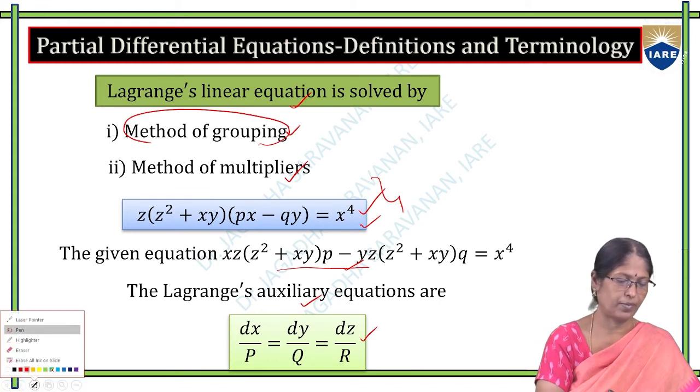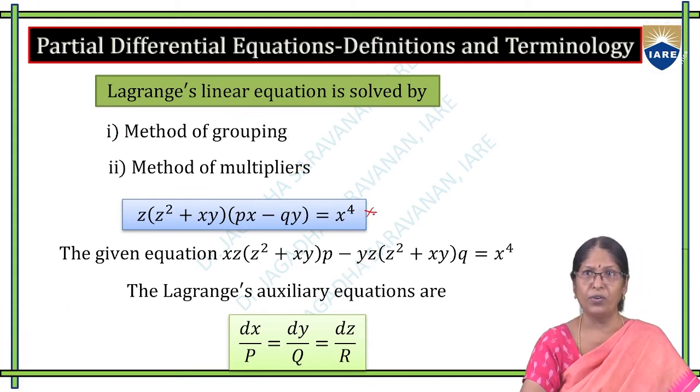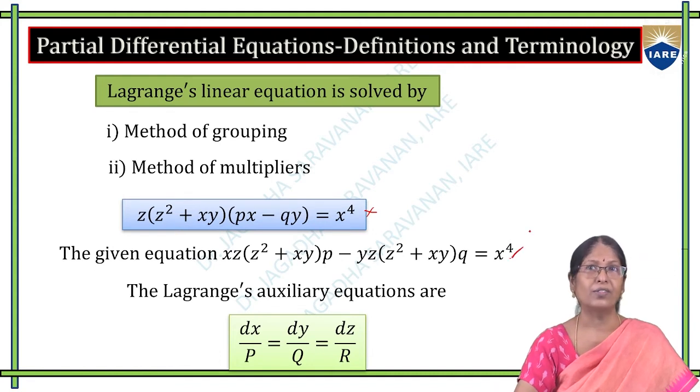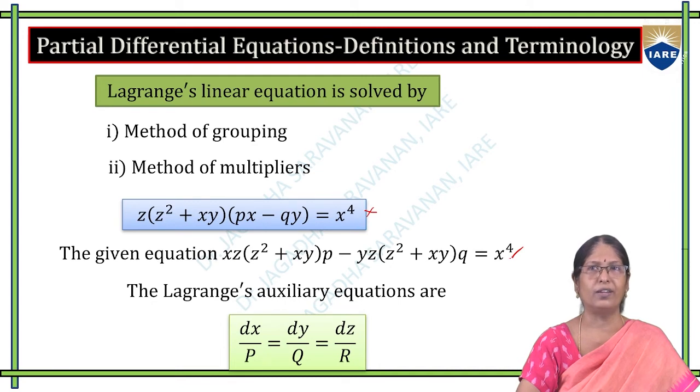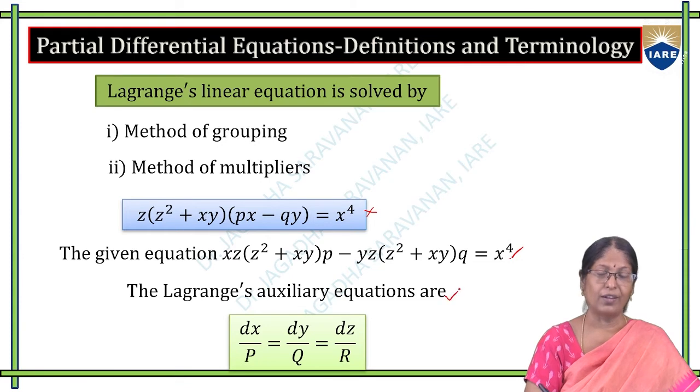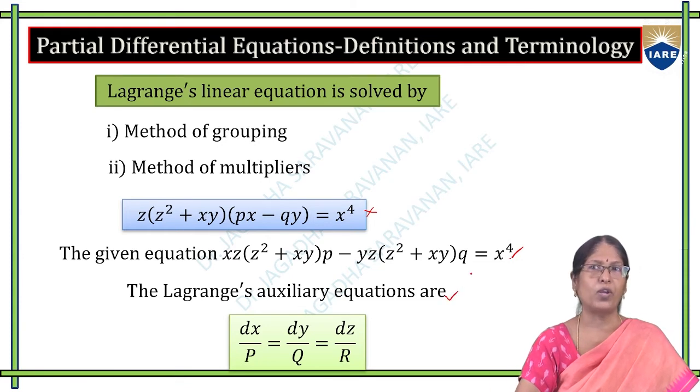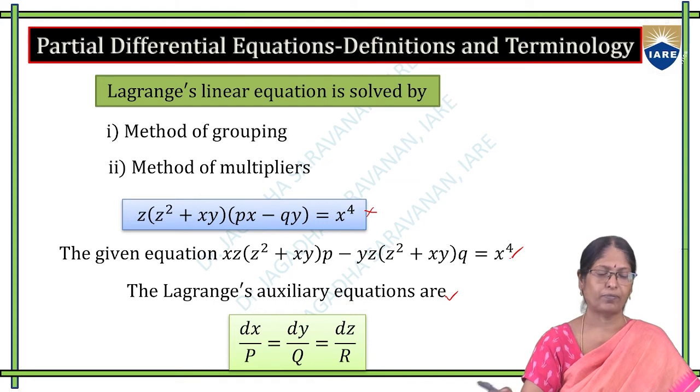First the answer is no. Then we do the modifications, and the answer is yes, now it fits. Then, to proceed further towards the required solution, the Lagrange's auxiliary equations are helping us.